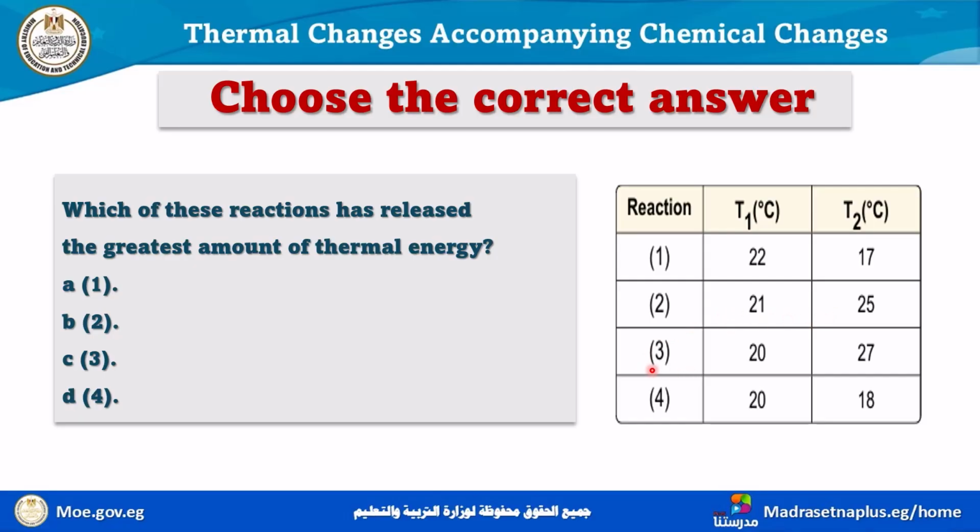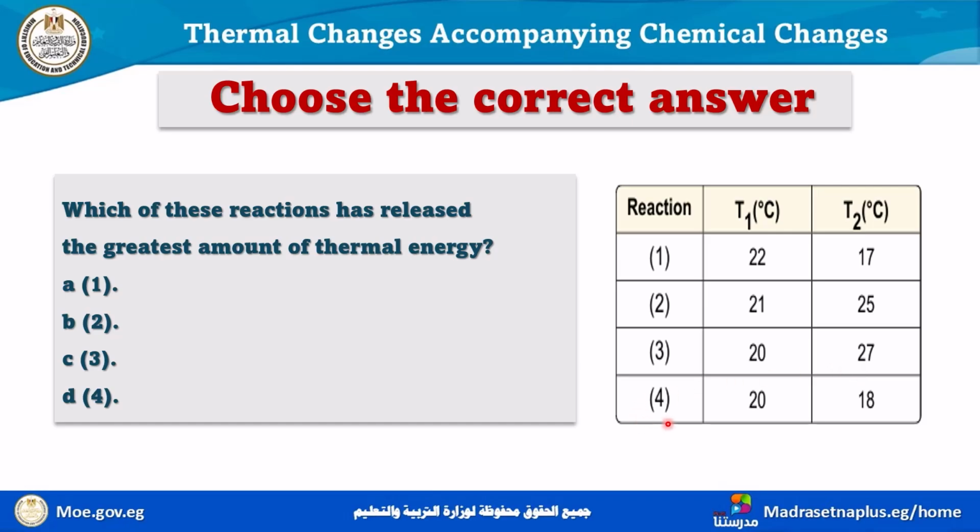For reaction 3, the reaction also is exothermic, where the thermal energy is released as the temperature T2 is higher than T1, and we calculate the difference between the two of them. So 27 minus 20 equals 7 degrees Celsius.